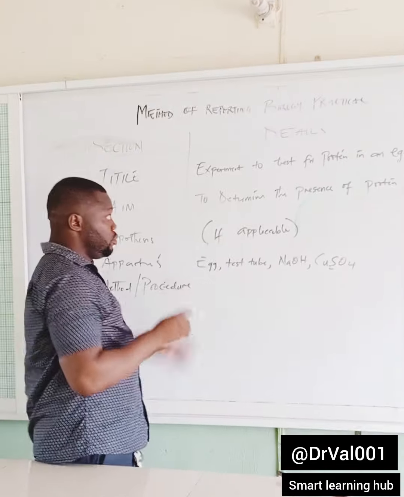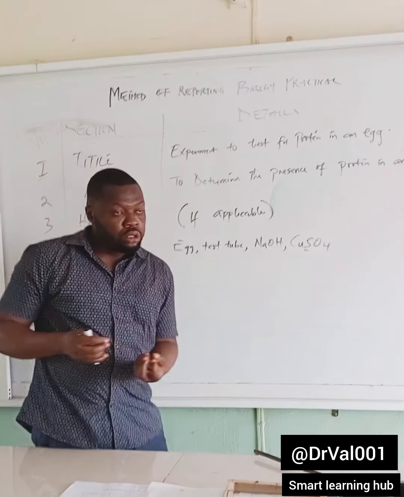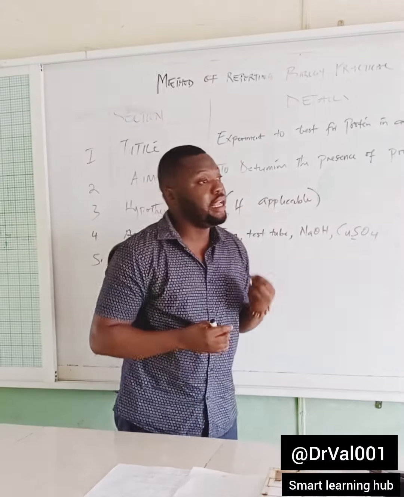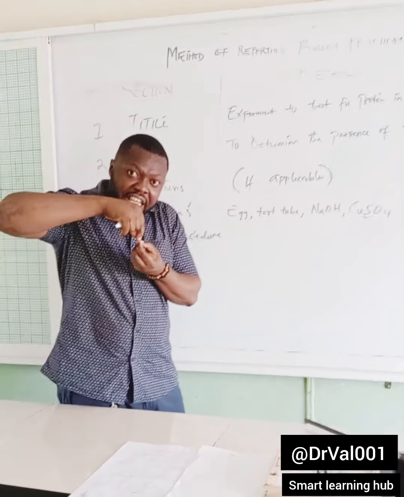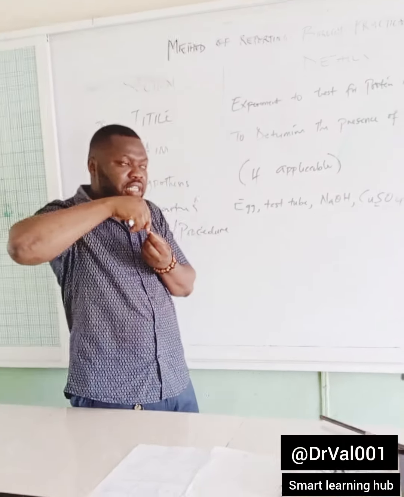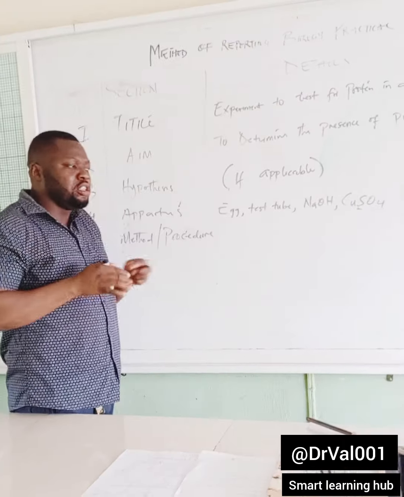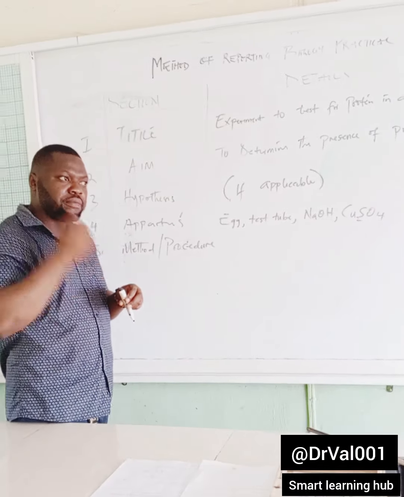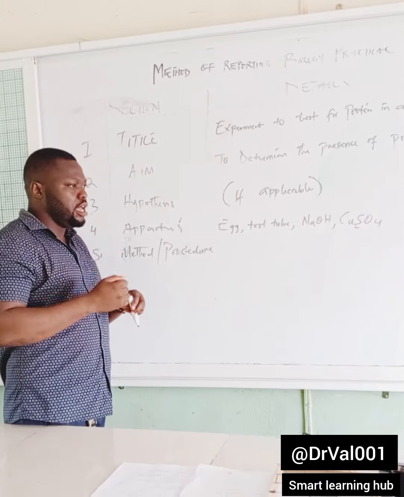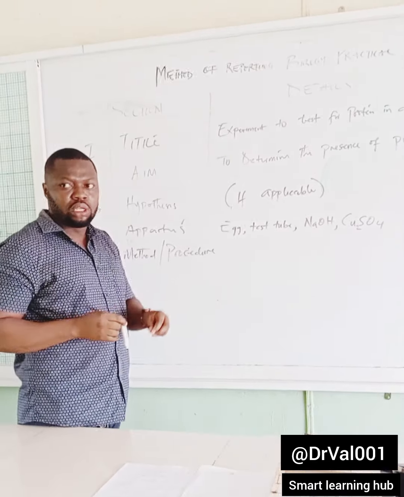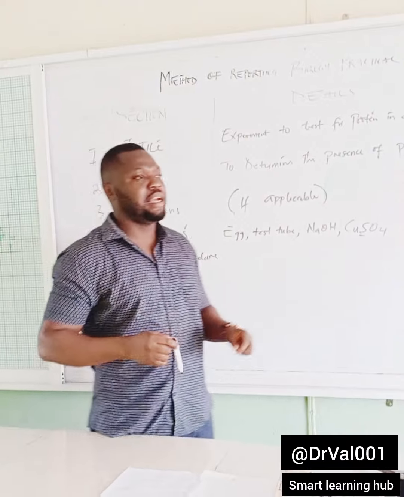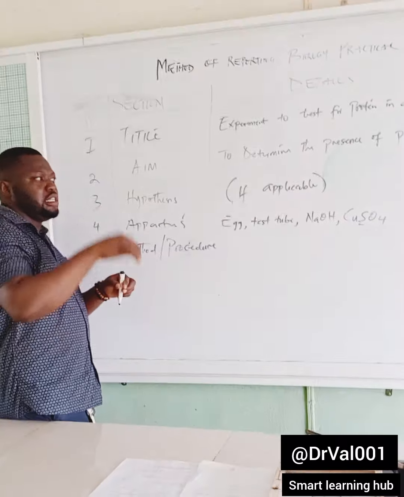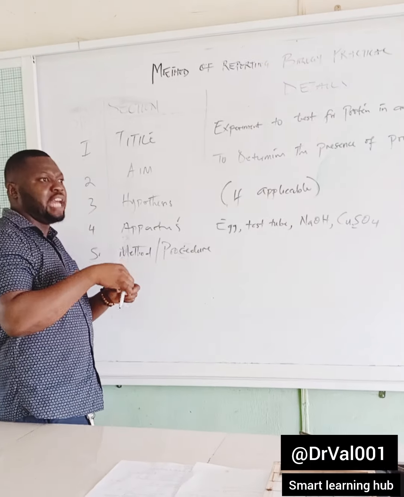For instance, we are using egg as a case study. You will now say you brought one egg and then you perforated a bit at the tip of the egg, close to the egg space, and then you gently shake to extract the albumen into the test tube gradually, after which you place it on a test tube rack, and then start adding your sodium hydroxide, shake, add your copper II sulfate, and then observe the color change.